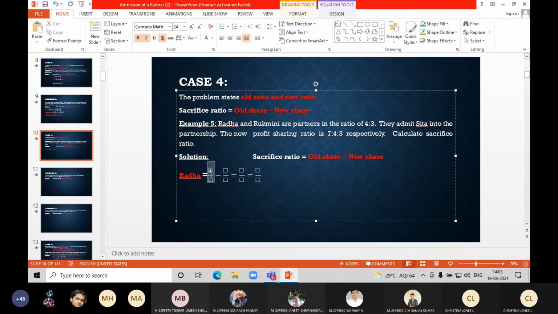First, how much did Radha have? 4 by 7, correct? The ratio 4 is to 3, so 4 plus 3 will be 7. Radha's share is 4, so 4 by 7.